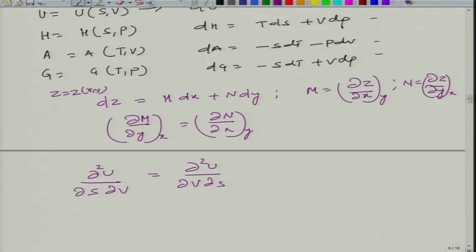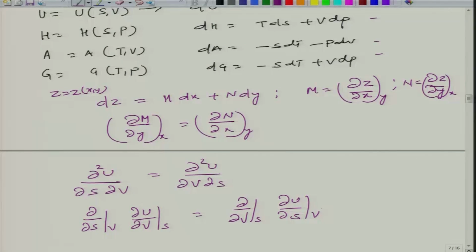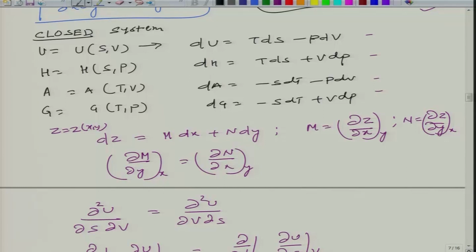Now, I can simplify this relation. This can be written as del by del s at constant v of del u by del v at constant s, and this must be equal to del by del v at constant s of del u by del s at constant v. If you look at the expression in differential form, del u by del s at constant v is nothing but T, and del u by del v at constant s is nothing but minus p.